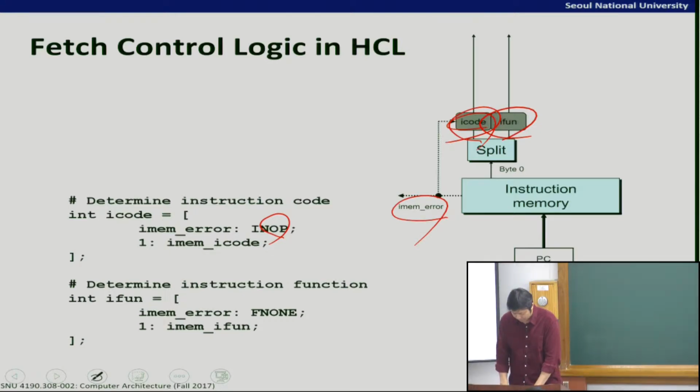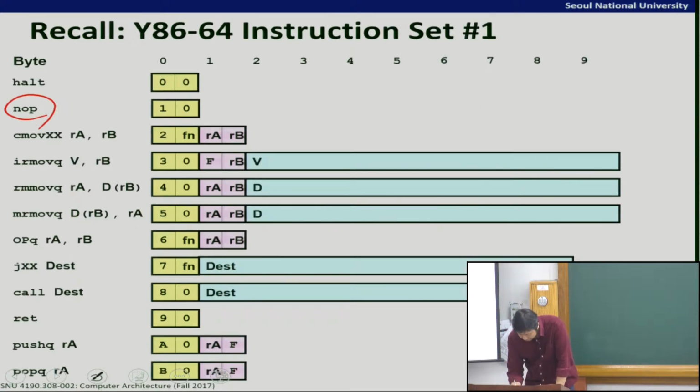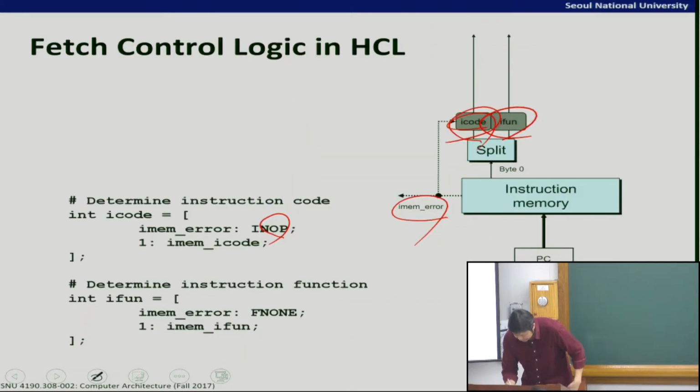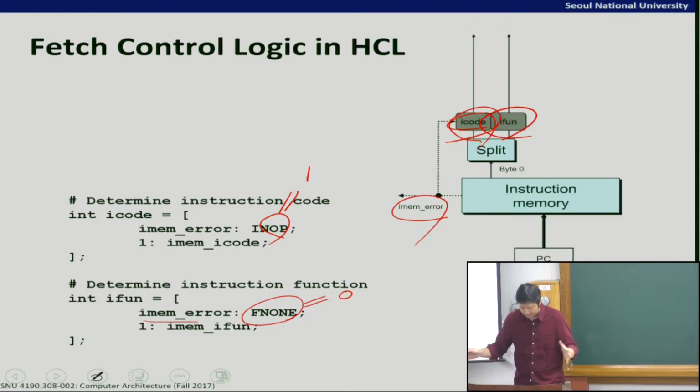To be concrete, this INOP is a constant value of 1, so this is like a macro, because NOP is 1, 0. And if imem_error happens, it will override the value to FNONE, which is 0. I mean, 1, 0 is basically a NOP, no operation. Otherwise, you simply pass through what you read from this memory. Okay, that's what's happening.